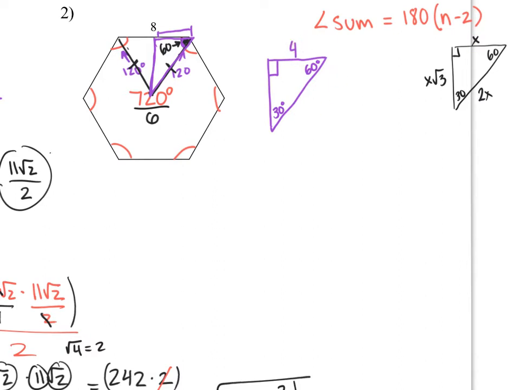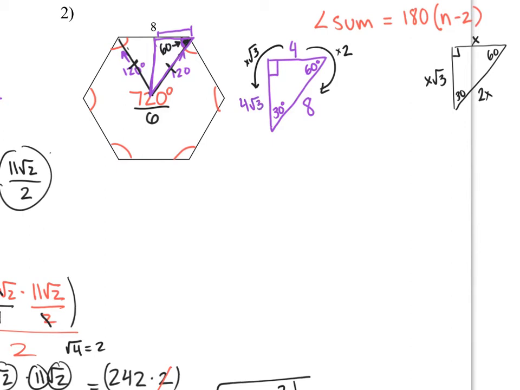To get the hypotenuse, we just times that by 2. And we get the hypotenuse is 8. To get the side across from the 60, this side, we have to times by root 3. So we're going to take 4 and times by root 3. So we get 4 root 3.